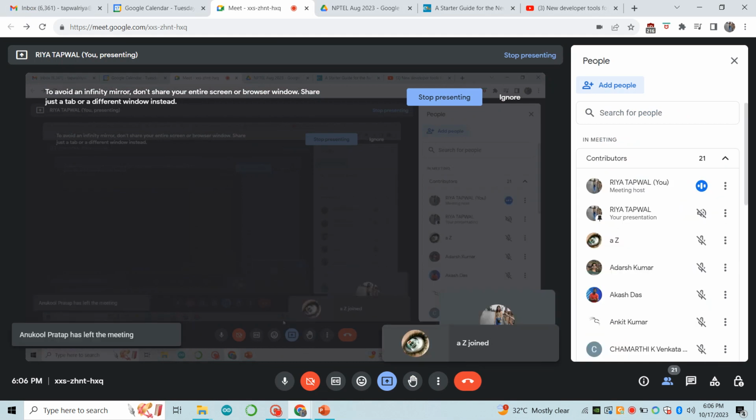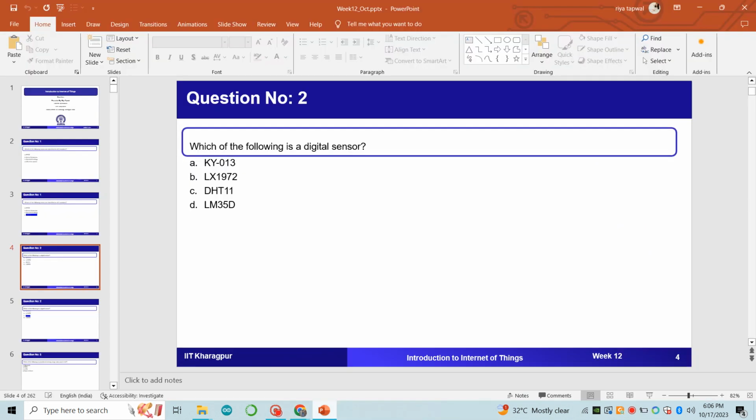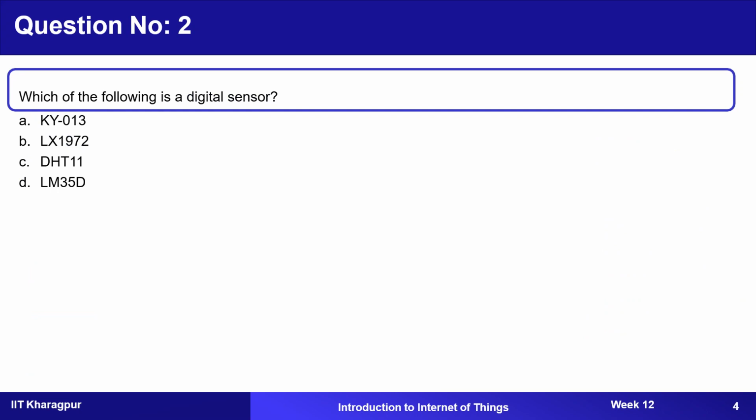LM35D. Okay, anyone else? DHT11. Right, DHT11 is your digital sensor. Basically its full form is digital humidity temperature 11 sensor. So the correct answer for this is DHT11.